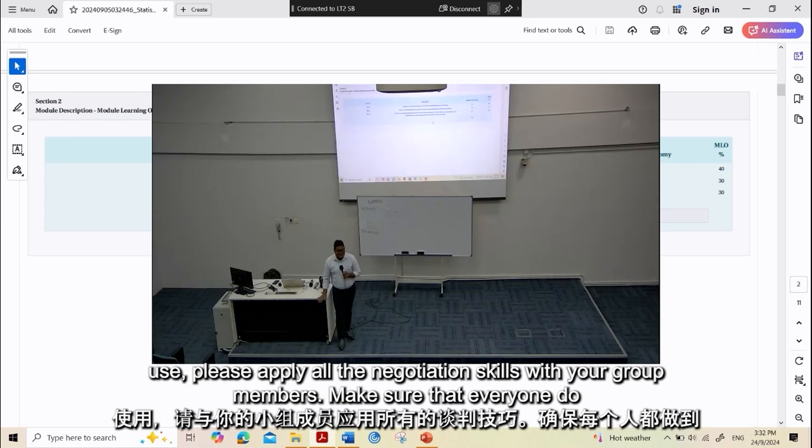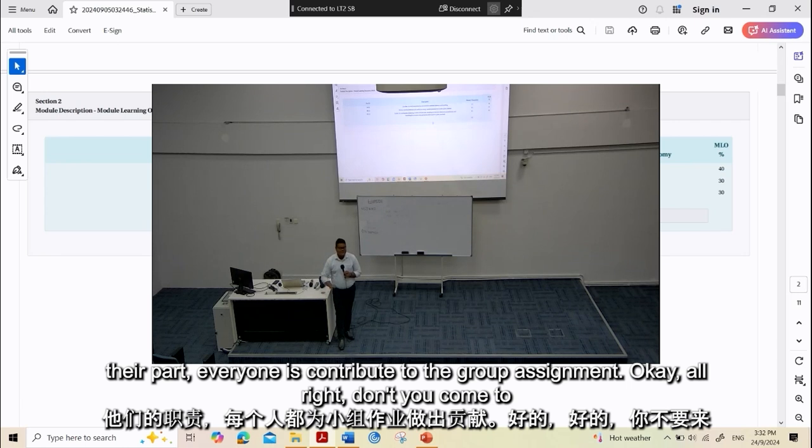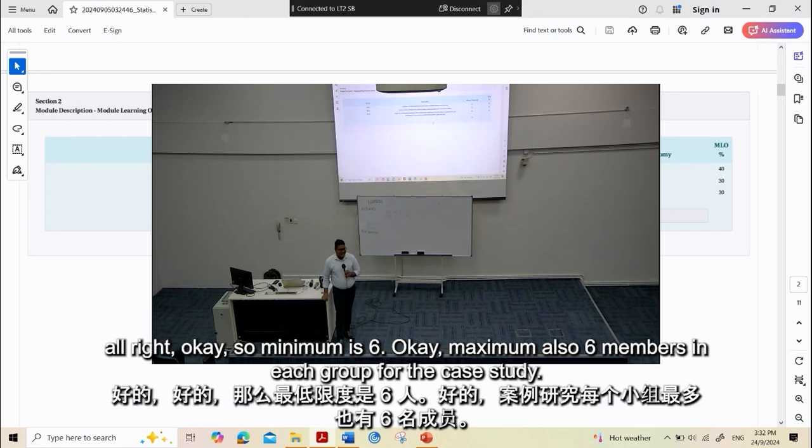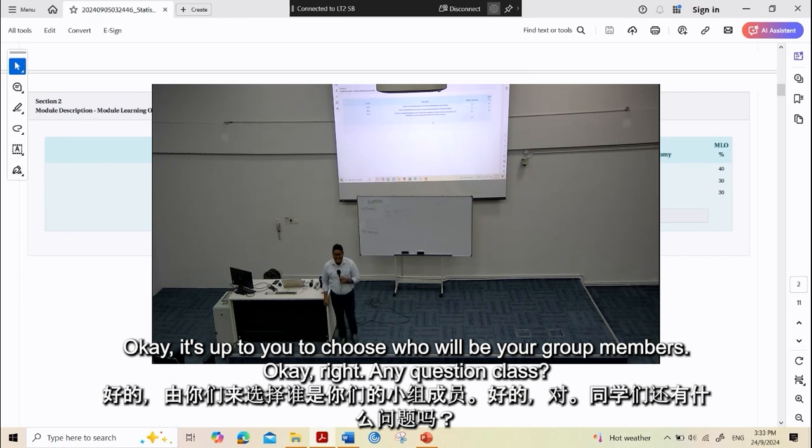Make sure that everyone does their part and contributes to the group assignment. Don't come to me in week 13 saying someone is already removed or kicked from the group. So minimum is 6, maximum also 6 members in each group for the case study. It's up to you to choose who will be your group members.